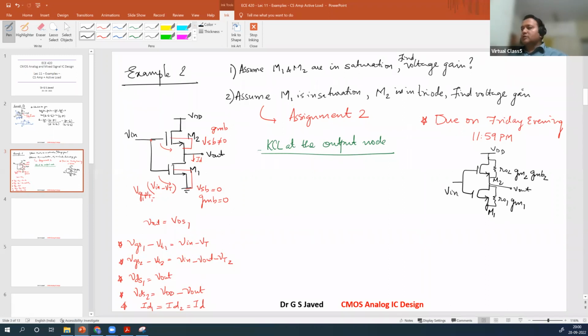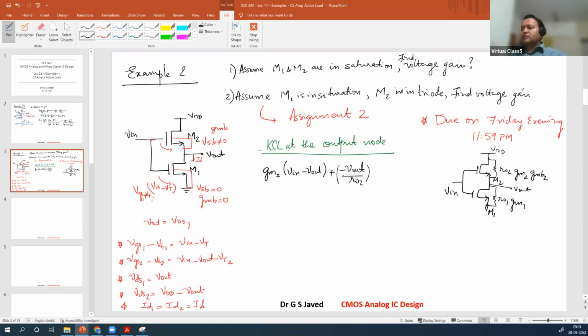First thing you get at this point is GM2. GM2 will be GM2 VGS. V in minus V out minus VT will give it a side. Plus V out going to ground through RO2, so minus V out divided by RO2.